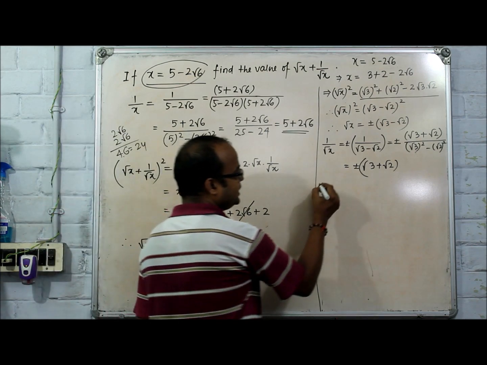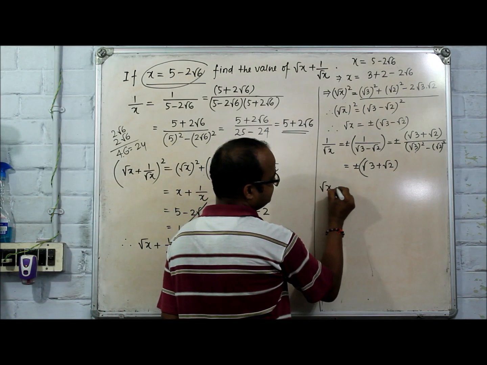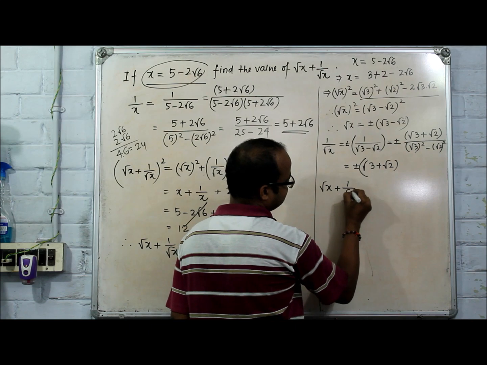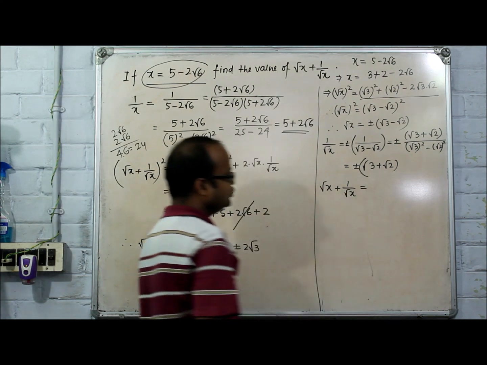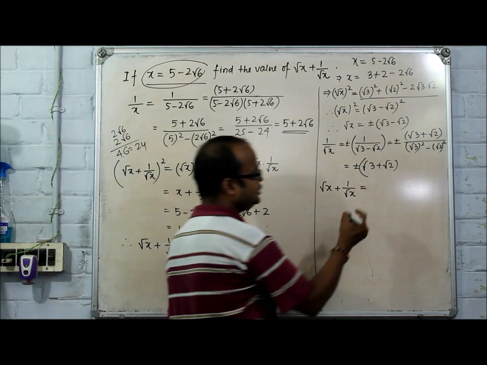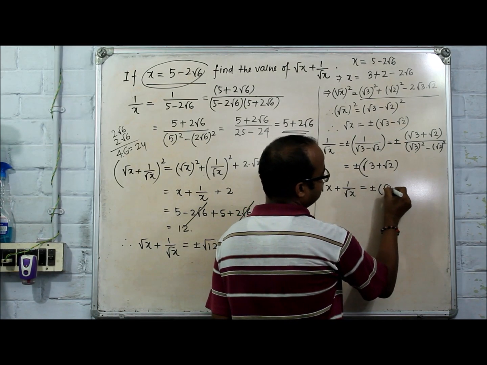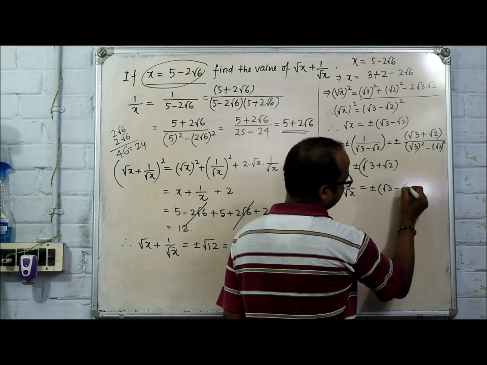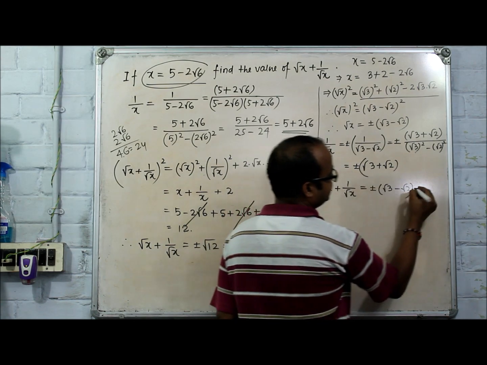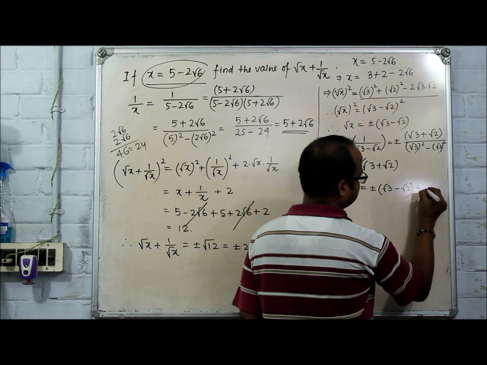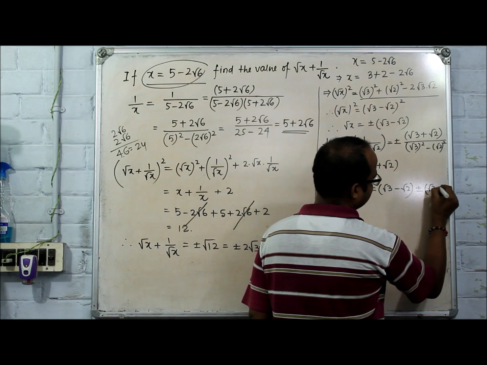Clear? Now root x plus 1 by root x. Root x is equal to plus minus root 3 minus root 2, and 1 by root x is equal to plus minus root 3 plus root 2.